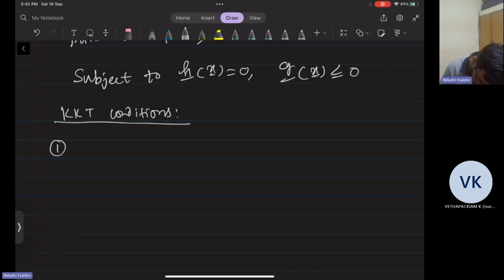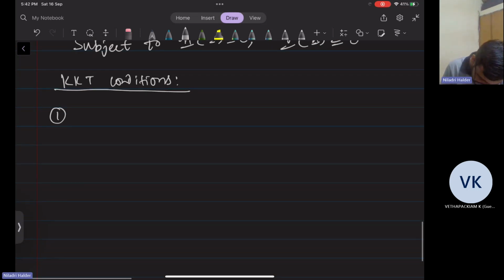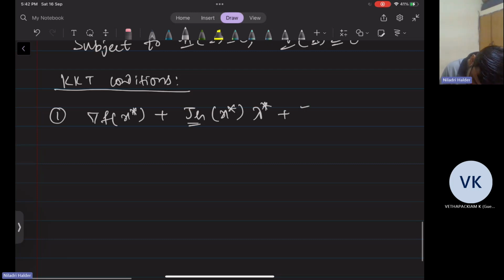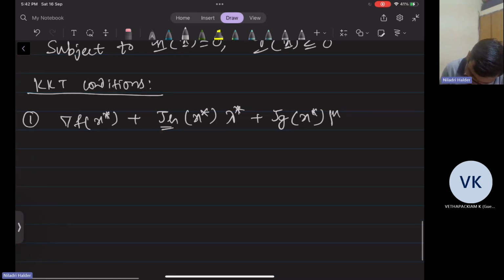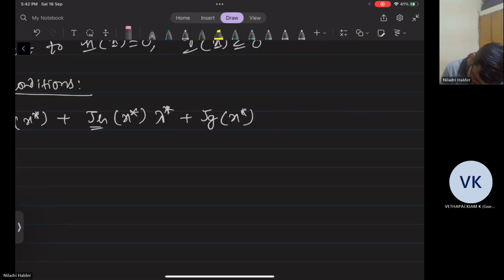so first, gradient of f(x*) plus Jh(x*) into lambda star plus Jg(x*) into mu star is equal to 0.